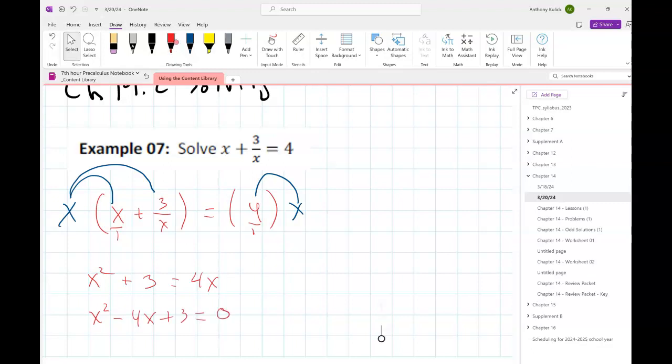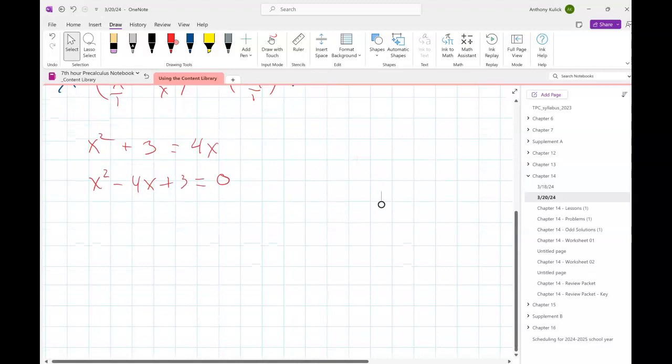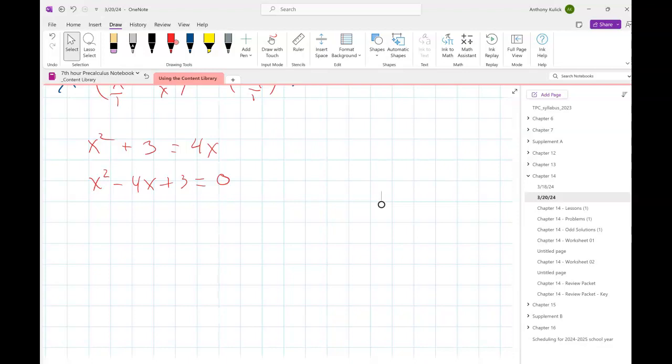Now that I have a quadratic equation equal to 0, I can solve this using two major methods. One starts with F, factoring, and the other, initials QF, quadratic formula. So either of those two is going to be fine.